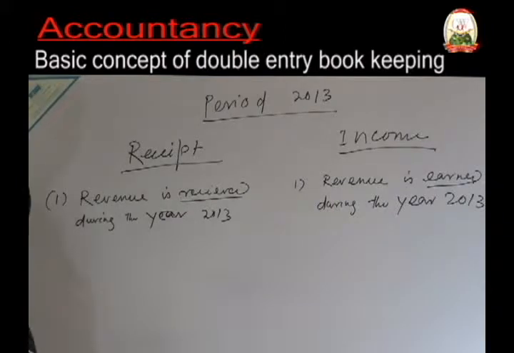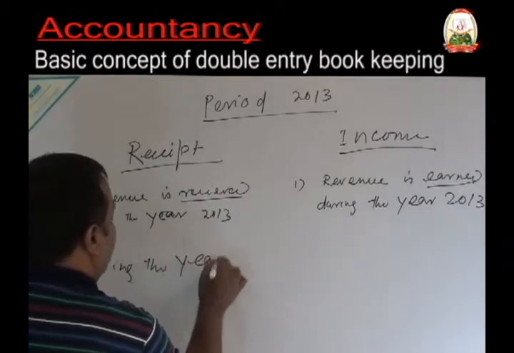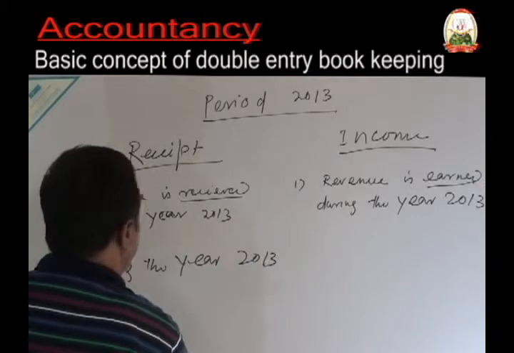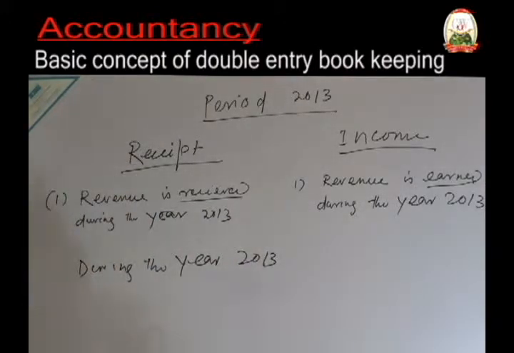Suppose we take into consideration your father's income. Suppose during the year 2013, your father has received 13 months salary. That means from 1st January 2013 up to 31st January 2014. In that case, what happened?